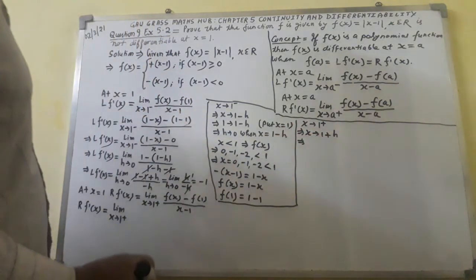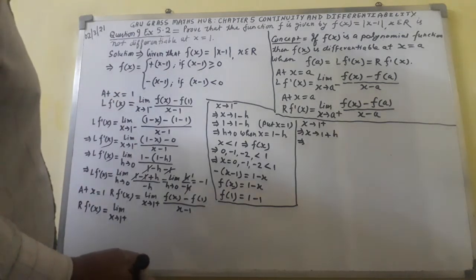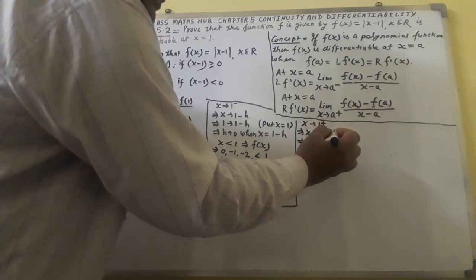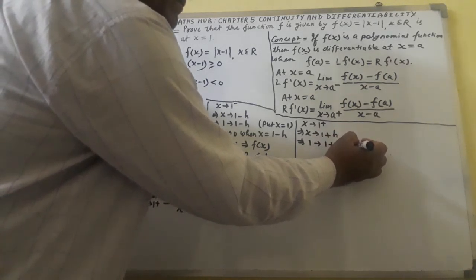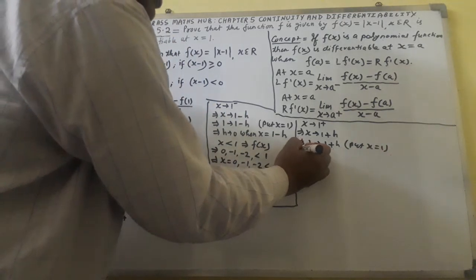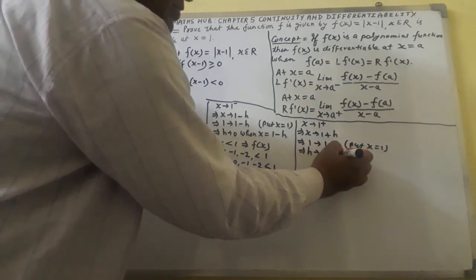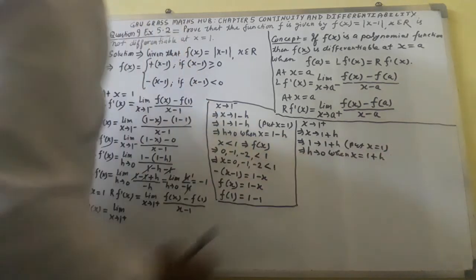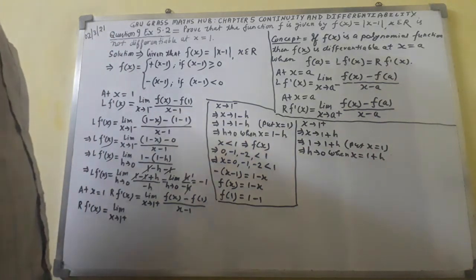Implies that x tends to 1 plus h, where h tends to 0 when x equal to 1 plus h.